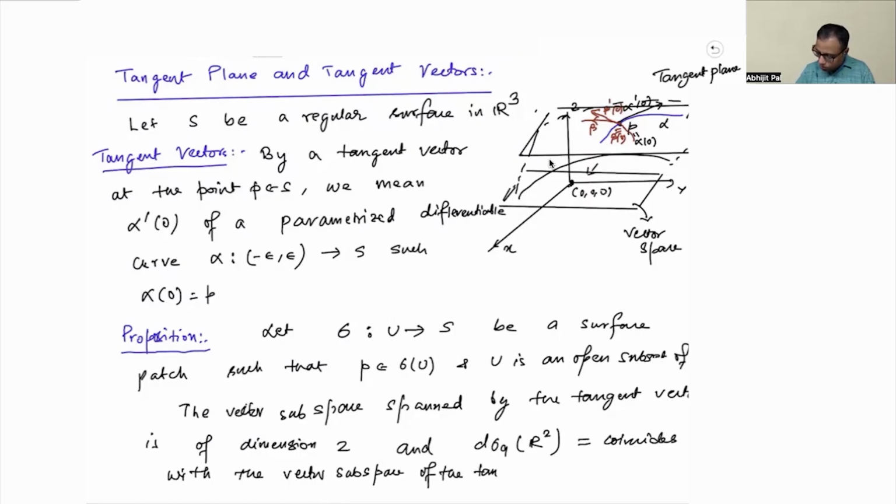So what is this q? Here q is such that sigma of q is equal to P. Okay, so this we are going to show.